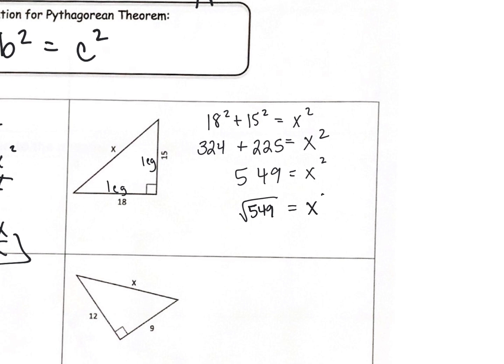And again, I just canceled out that squared to get our x. And so the square root of 549 is 23.4. And I'm going to round to the nearest tenth for all of these. You could round to the nearest hundredth as well. So now we have, because I rounded, x is about 23.4. And that's your answer.